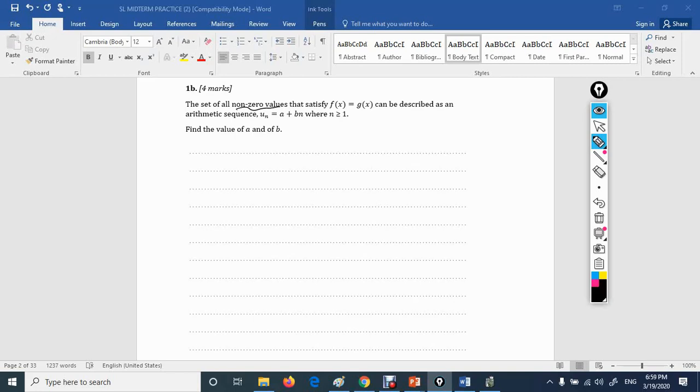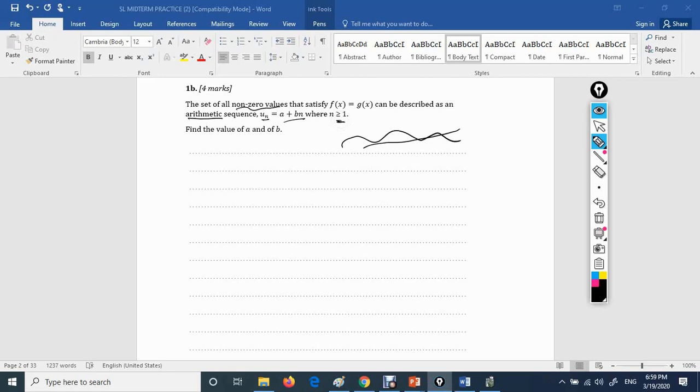Well, this kind of makes sense, because if you have an oscillating function and then another one that goes up slightly, you're going to have a lot of intersections. And it says that it can be described as an arithmetic sequence, u sub n equals a plus b times n, where n is greater than or equal to 1.